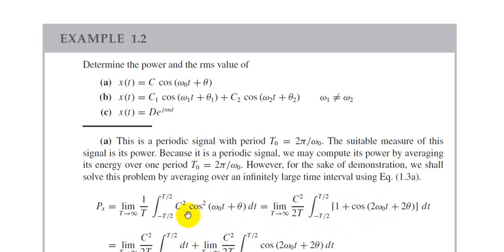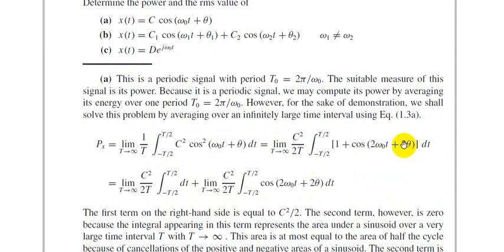That means you multiply 2 and divide 2 to equate this equation, and then you have got 1 plus cos (2 omega naught t plus 2 theta).